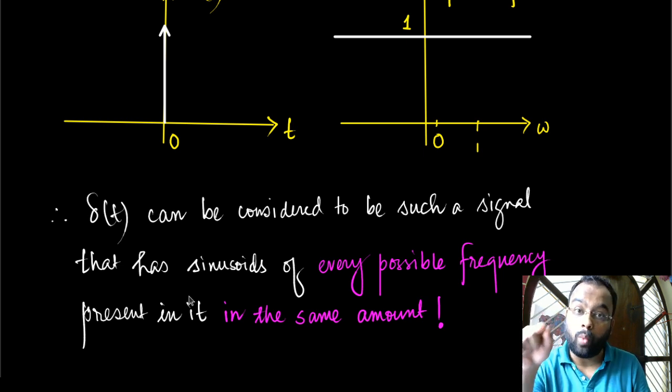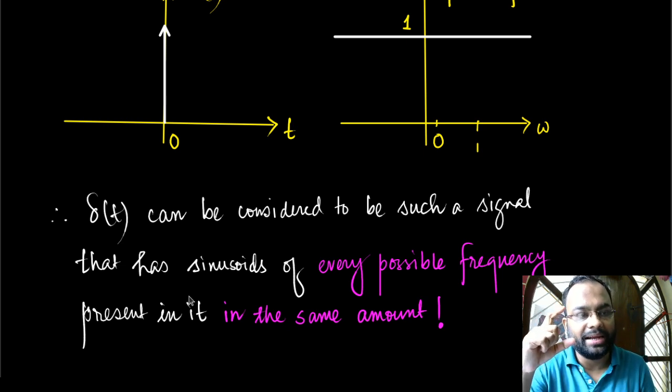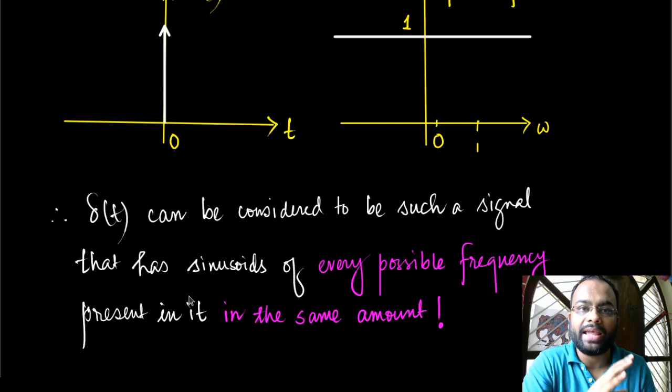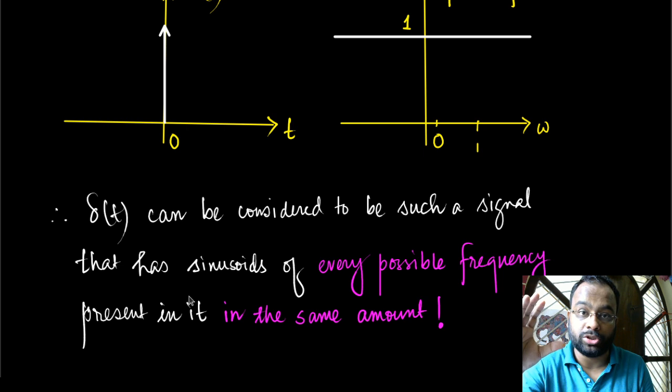And this is why: when you excite a linear time invariant system with an impulse input, you're actually exciting it with every possible sinusoid that ever exists, all at the same time and in the same amount. That is what an impulse is in nature.